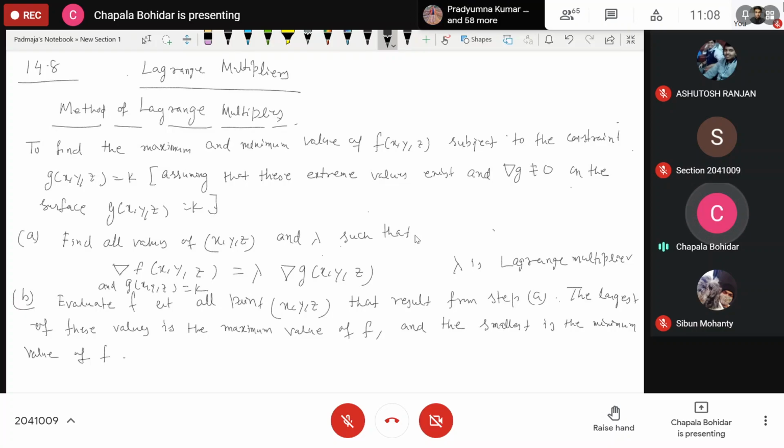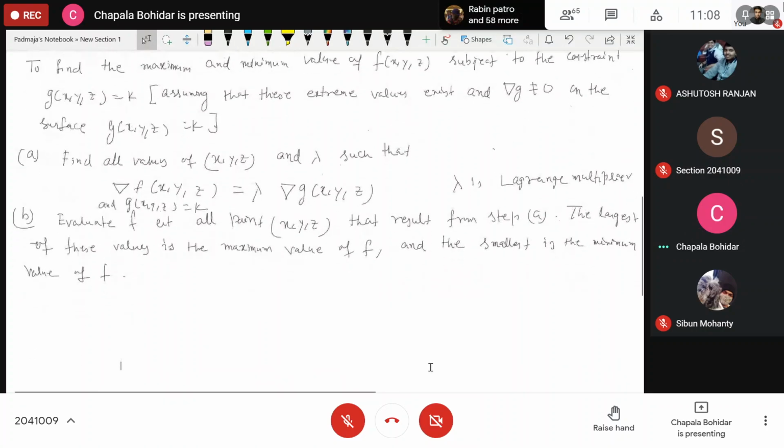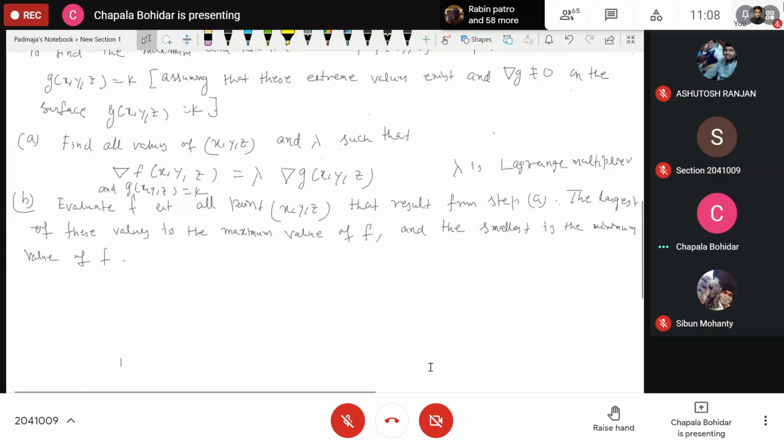If we write down the vector equation, that is grad of f is equal to lambda into grad of g. In terms of components, grad of f is equal to lambda into grad of g.